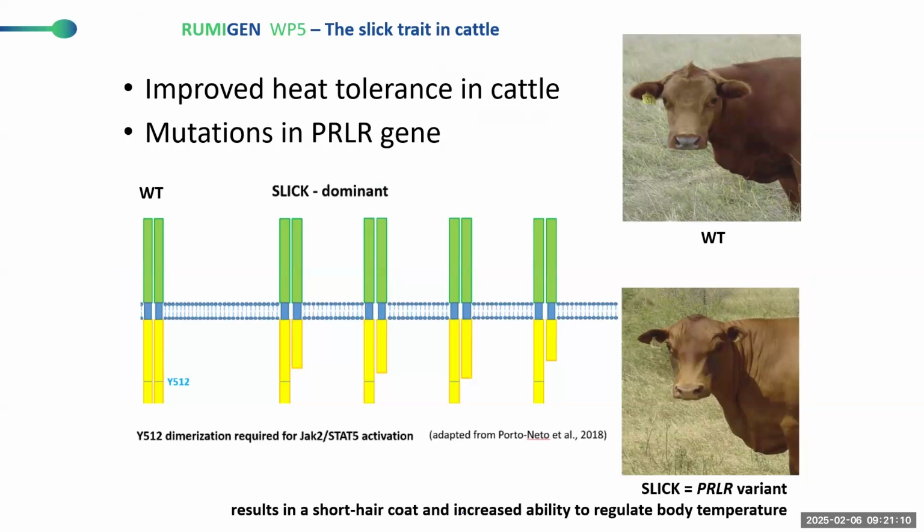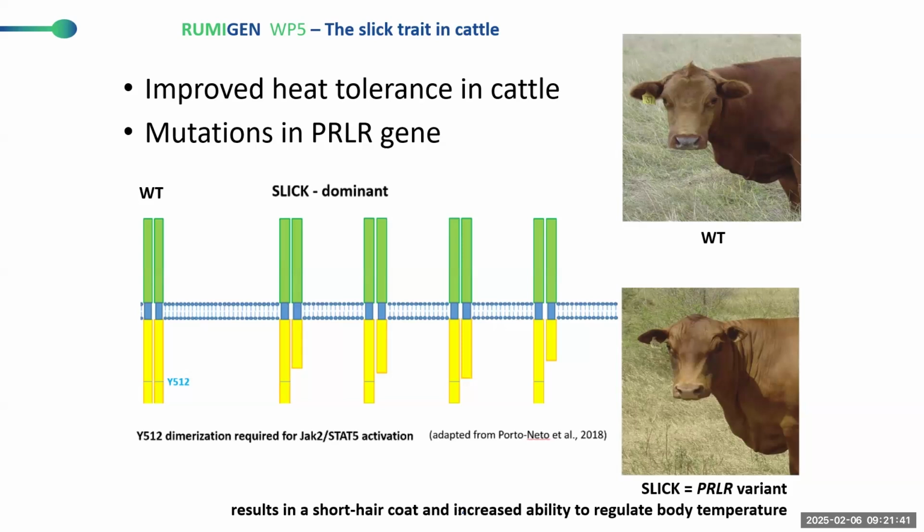Briefly, the prolactin receptor is a transmembrane receptor with an extracellular domain, an intracellular domain, and a transmembrane domain. It acts when it dimerizes, and this amino acid, this tyrosine, is very important because dimerization is required to activate the JAK-STAT pathway.